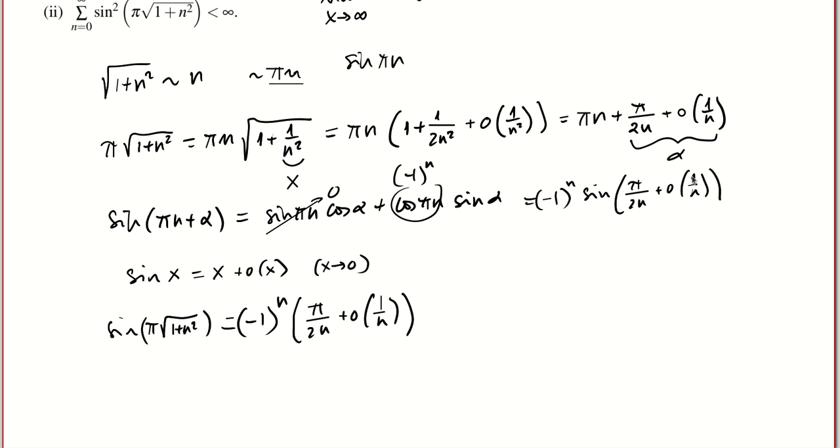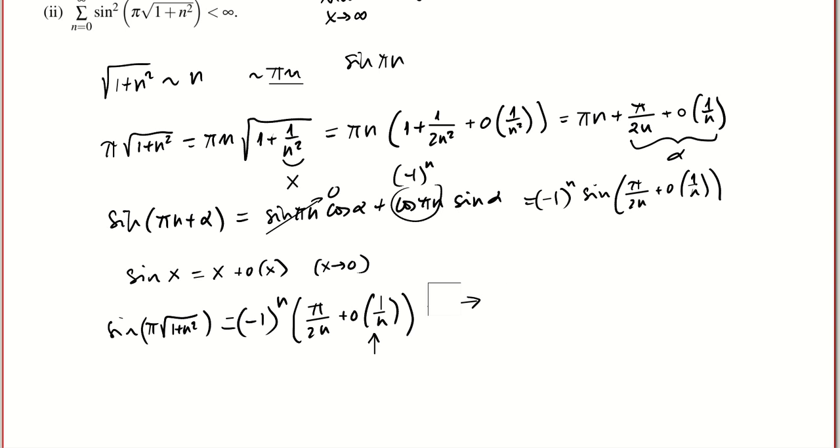But x is equal to this, and this is 1 over n, so the rest is O of 1 over n, so it's already included there, so we don't have to add anything more. So this is it, and clearly, this is a sequence that goes to 0.